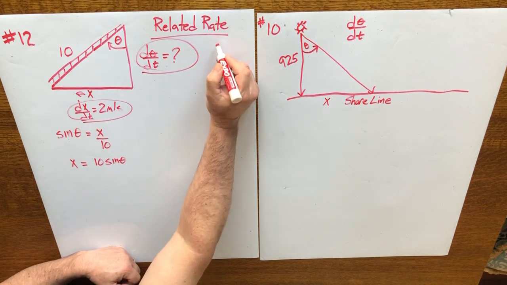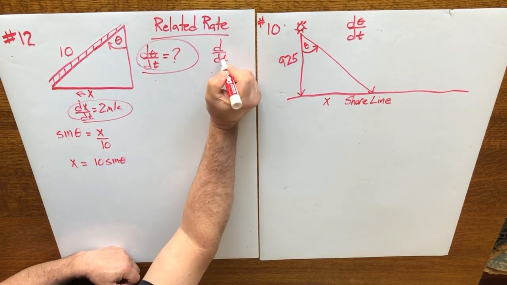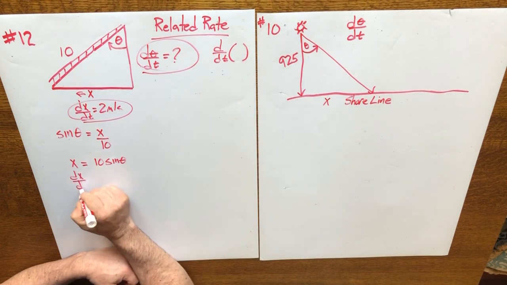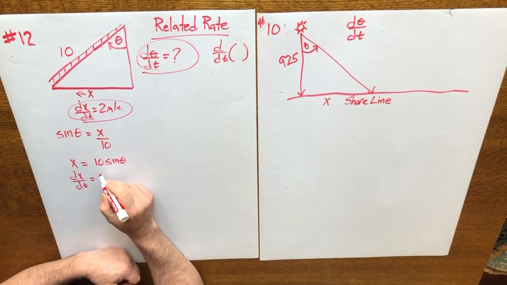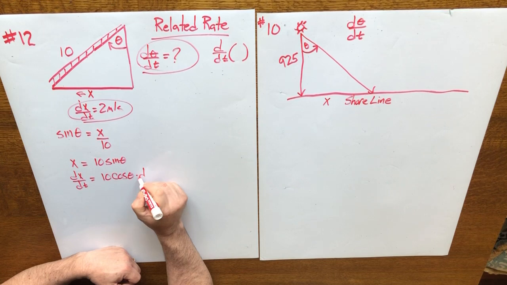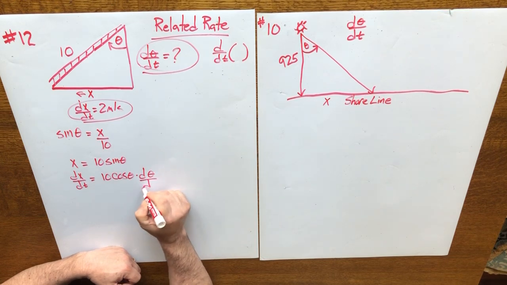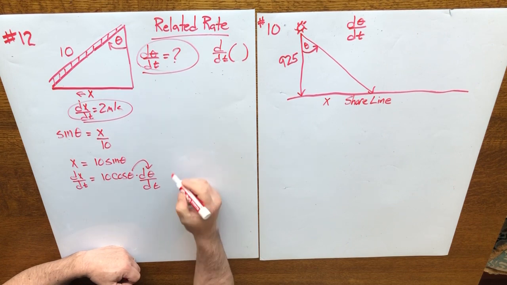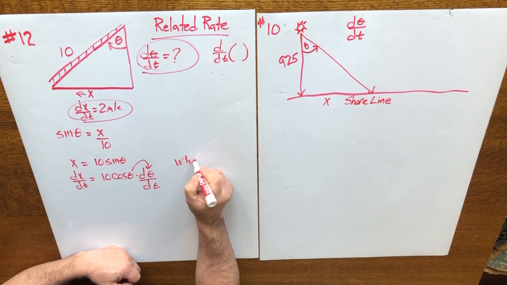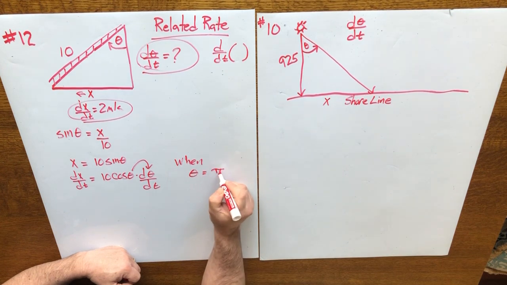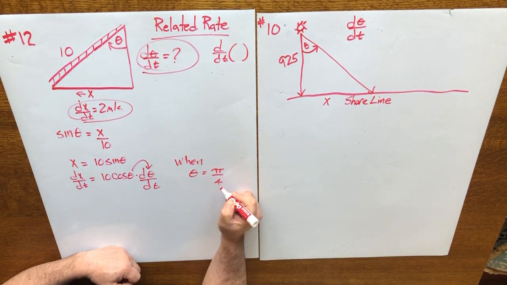Related rates are always d over dt. So we have dx over dt equals, the derivative of sine theta is cos theta, so 10 cos theta times d theta over dt, and that is the derivative of the argument. Now let's see if we can find the when. It says when theta is equal to pi over 4.